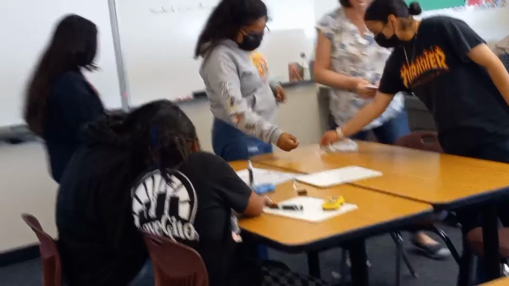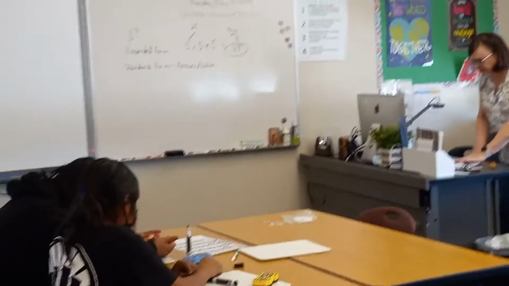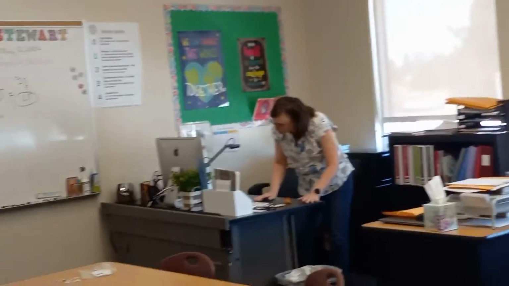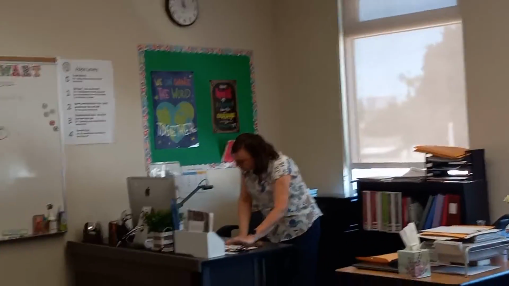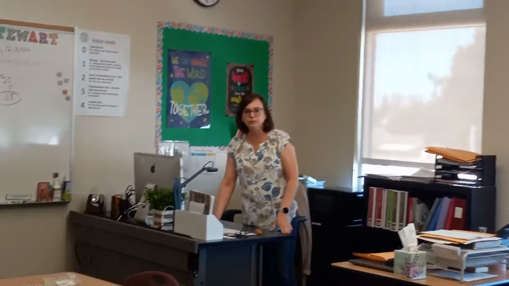So as you'll notice, the instructions are on the game board. I'll display it up here and read them before we get started so you know what you're doing. It says, power up, roll, solve, and go.